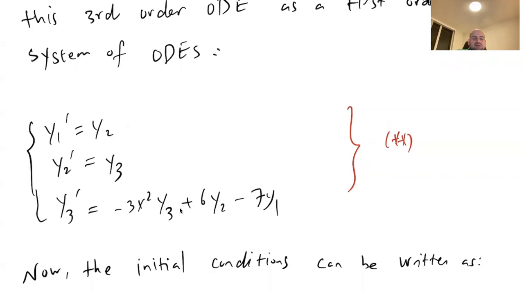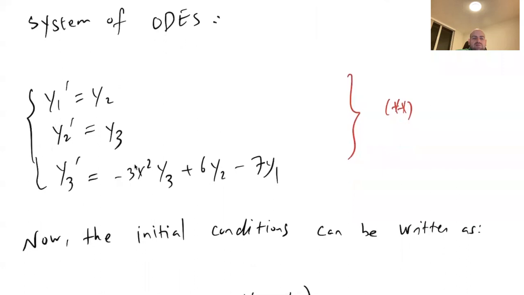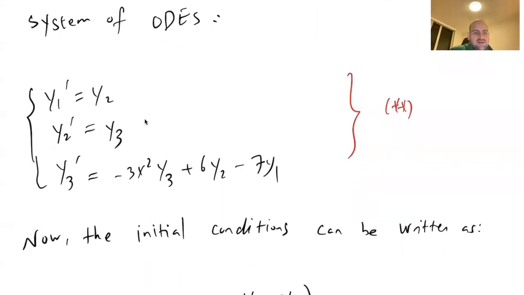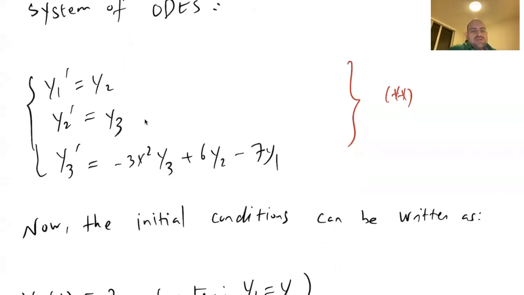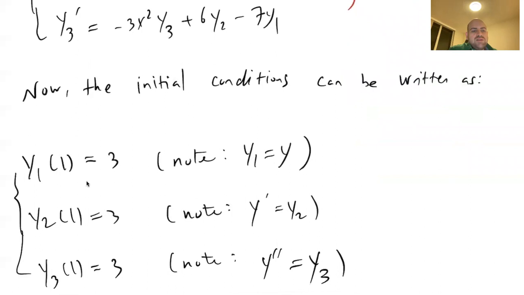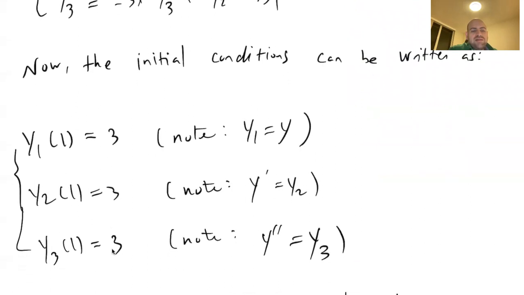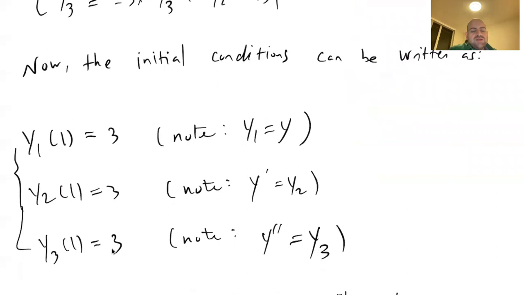If these functions are continuous with continuous partial derivatives, which is the case here because each of them are polynomials, and polynomials are continuous with continuous partial derivatives, and with m initial conditions, here we have three equations, so we need three initial conditions of this form, then we can guarantee existence and uniqueness of solution for each of the unknown functions.